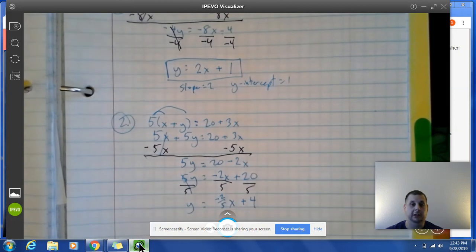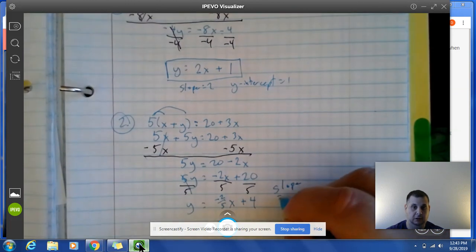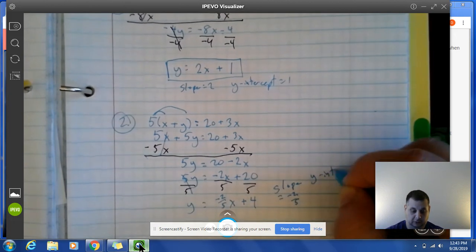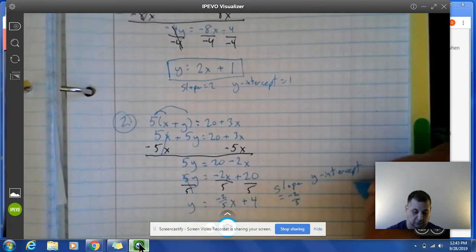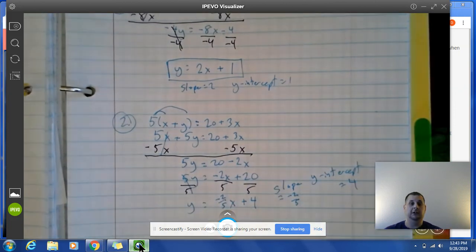So we're left with y equals negative 2/5 x plus 4. And so the slope is negative 2/5, and the y-intercept is 4.